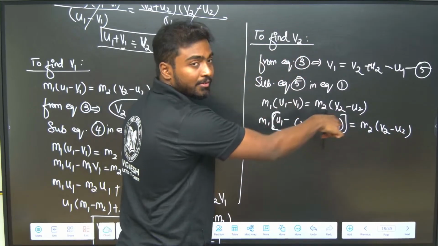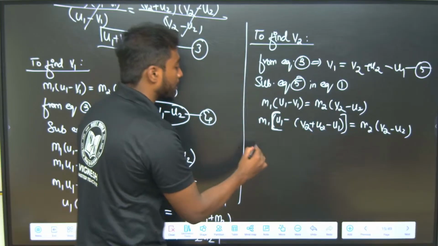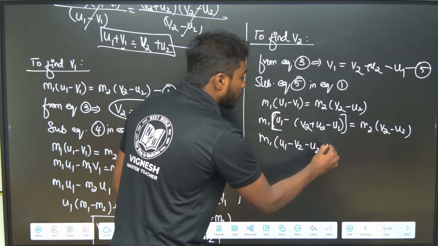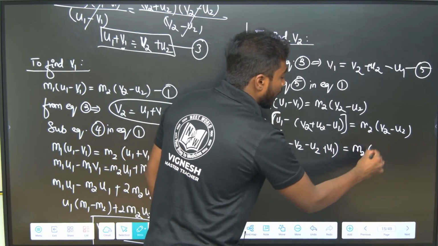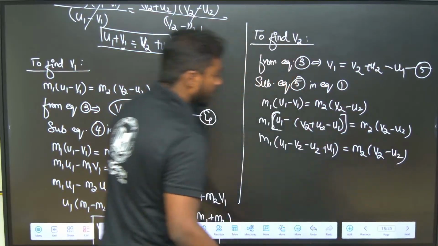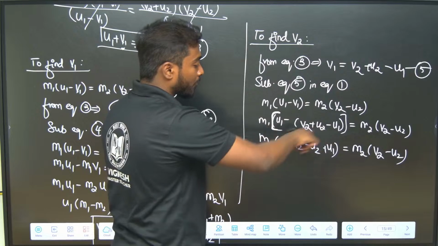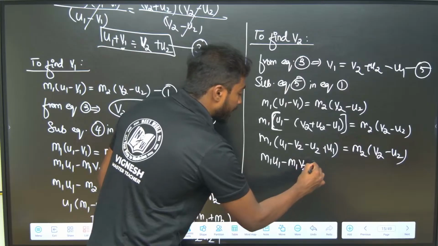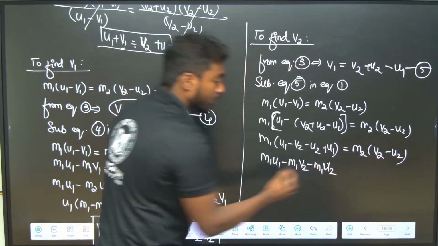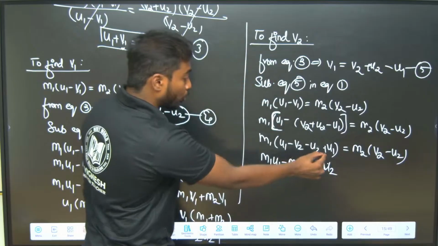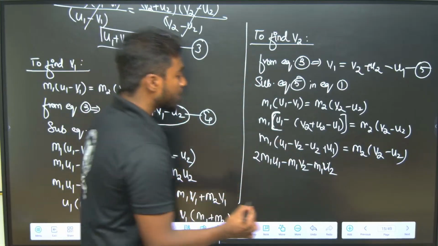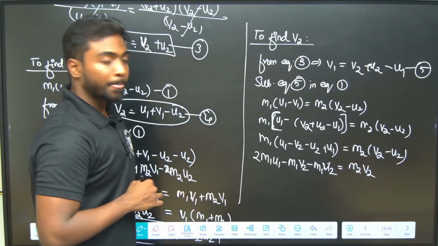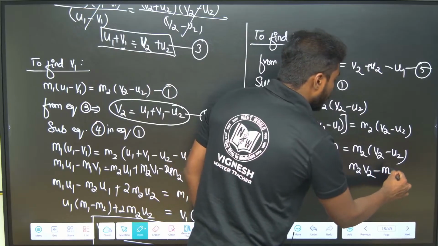Now if I take the minus inside, m1 of u1 minus v2 minus u2 plus u1 equals m2 of v2 minus u2. Now multiply m1 through everything: m1 u1 minus m1 v2 minus m1 u2 plus m1 u1, again this is 2 times m1 u1, should be equal to m2 v2 minus m2 u2.